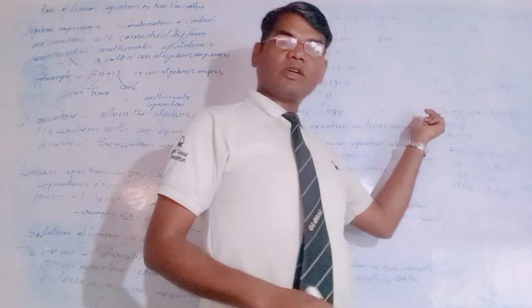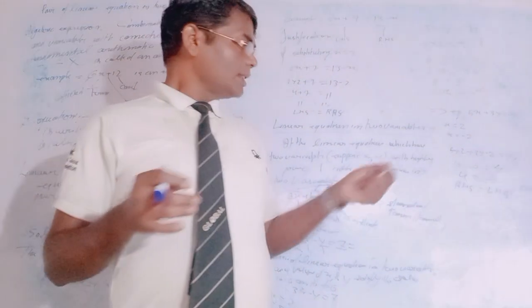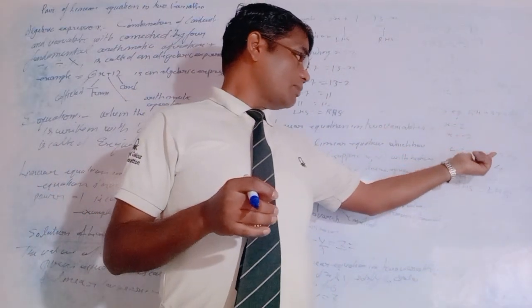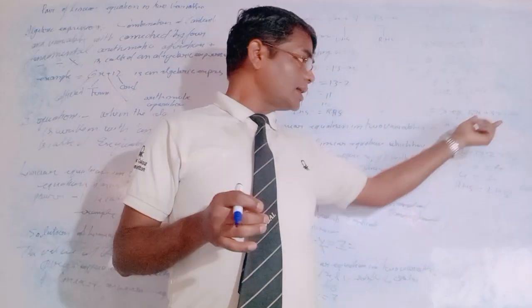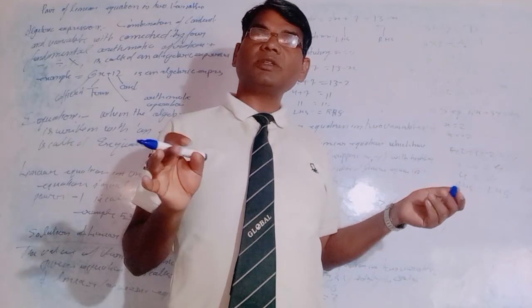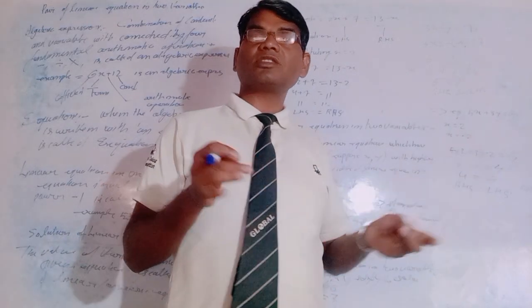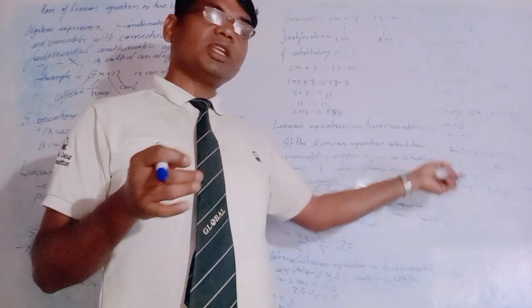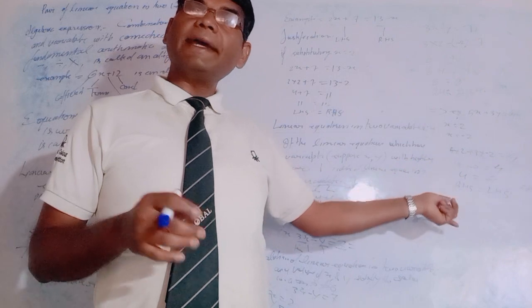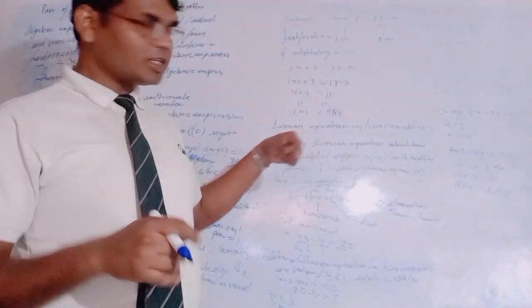So this way the equation is valid, and the values of x and y satisfy these equations. Any value that satisfies these equations means that the linear equation in two variables is satisfied by the values you have kept.